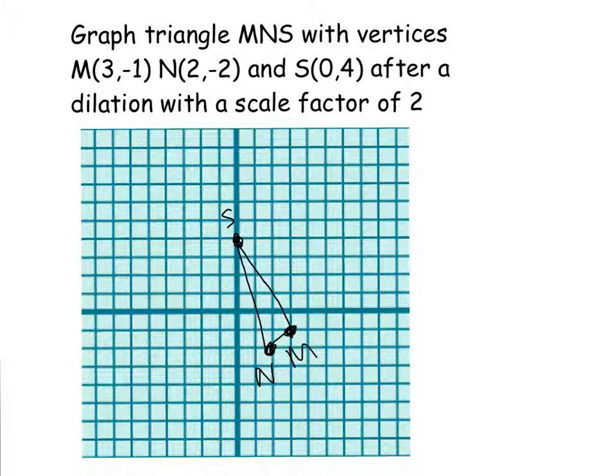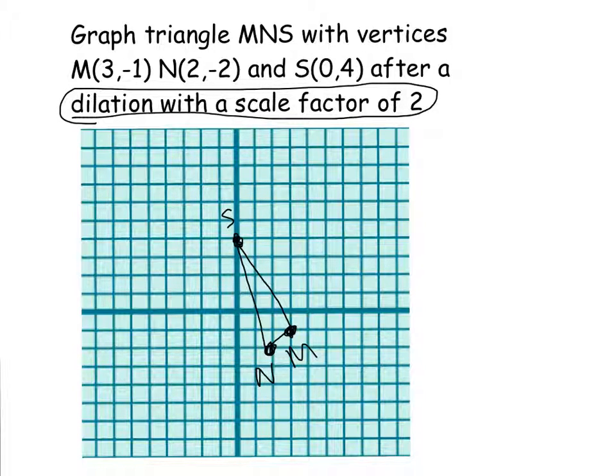All right, so it says that we are going to apply a dilation using a scale factor of 2. If the scale factor is 2, the shape is going to be twice as big, so this is going to be an enlargement. Basically, all I'm going to do is multiply all of my ordered pairs by 2 to double the size.